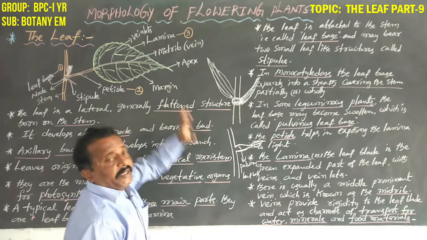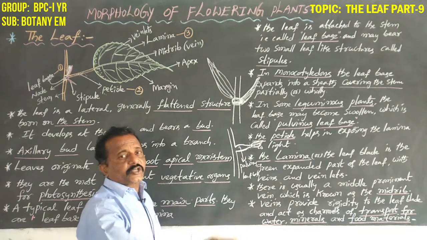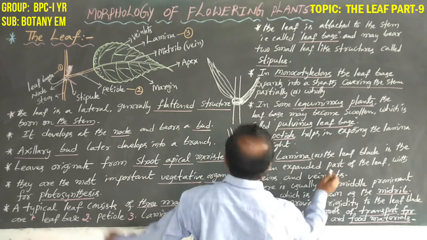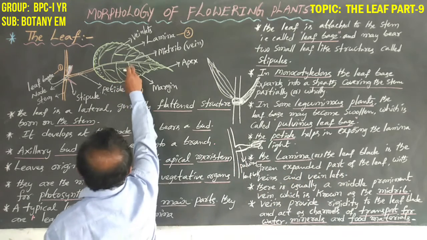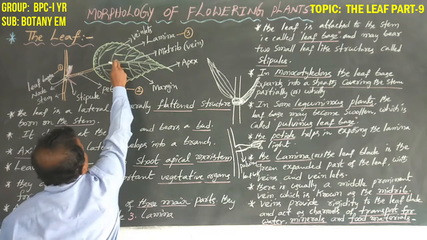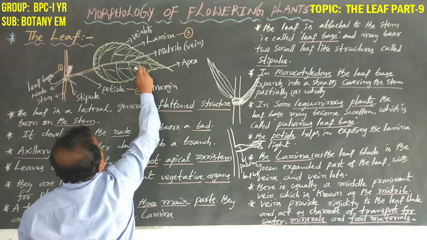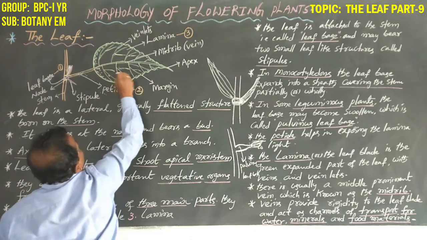It is green because it contains chlorophyll A and chlorophyll B pigments. It is the expanded part of the leaf, with veins and veinlets. This is a vein and these are veinlets.